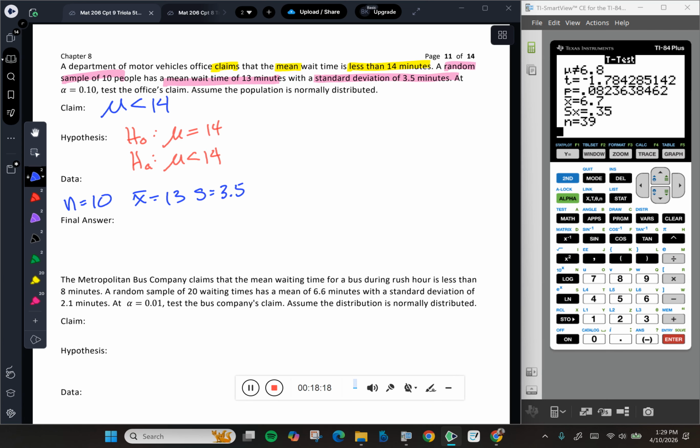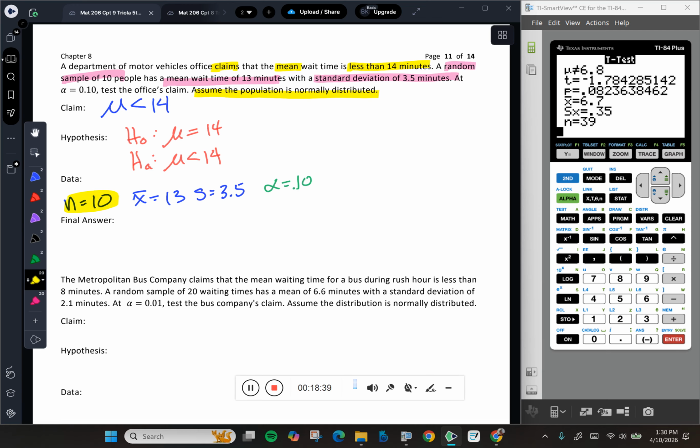At an alpha level of 0.1, so alpha is our 10%, test the office's claim. Assume the population is normally distributed. That makes this okay. Normally 10 is way too small, but since we're supposed to assume the population is normally distributed, life is good.